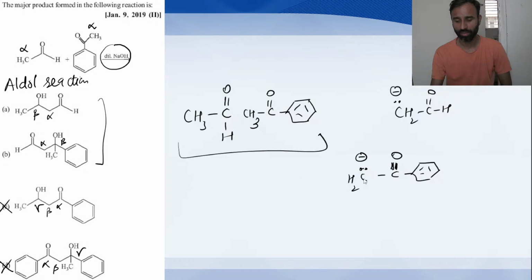Now, what is the role of alpha hydrogen? This is acetaldehyde. When it reacts in the presence of base, OH negative ion will take this H plus ion, and we get CH2 C=O H, because it is resonance stabilized.